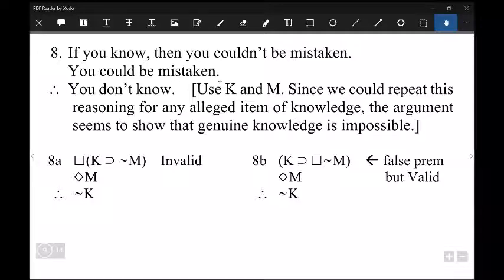You could always be mistaken about something, even what you think is the most clearly true, except for one thing. Descartes said, your own existence. You couldn't be mistaken about your own existence, because to be mistaken, you'd have to exist. Okay, anyway, therefore you don't know. So apart from that one example, you could always be mistaken. So human knowledge is impossible.